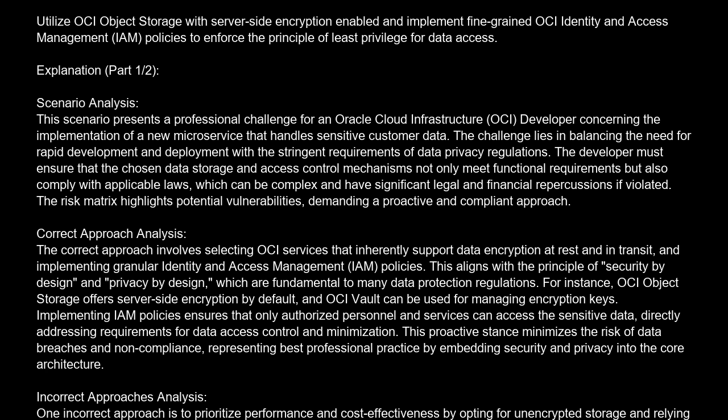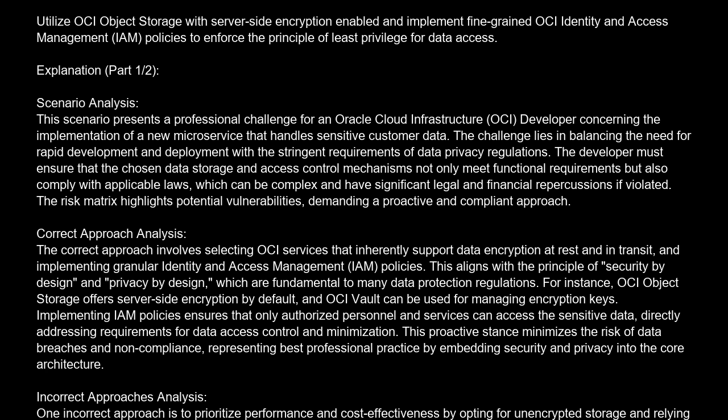Correct approach analysis. The correct approach involves selecting OCI services that inherently support data encryption at rest and in transit, and implementing granular identity and access management (IAM) policies. This aligns with the principle of security by design and privacy by design, which are fundamental to many data protection regulations. For instance, OCI Object Storage offers server-side encryption by default.